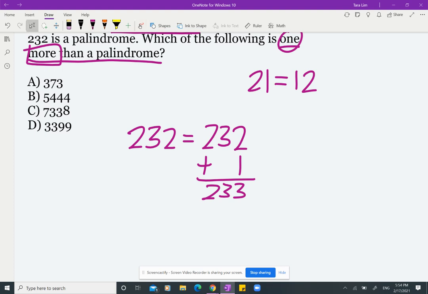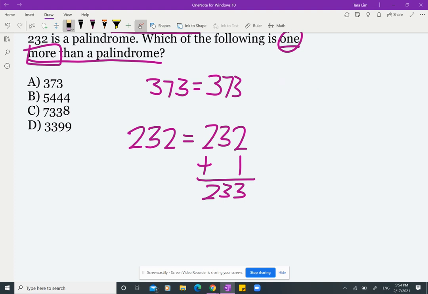So as you can see, A is a palindrome because when we reverse 373, it remains the same. Although A is a palindrome, it is not what the question is asking, because the question is asking one more than a palindrome.